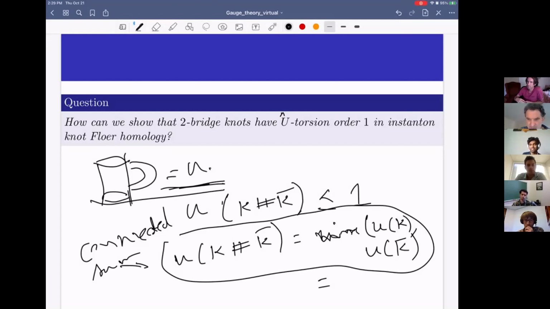And I guess we haven't yet properly shown that this map is equivariant. So we don't really have this at the moment, but that was sort of the goal.